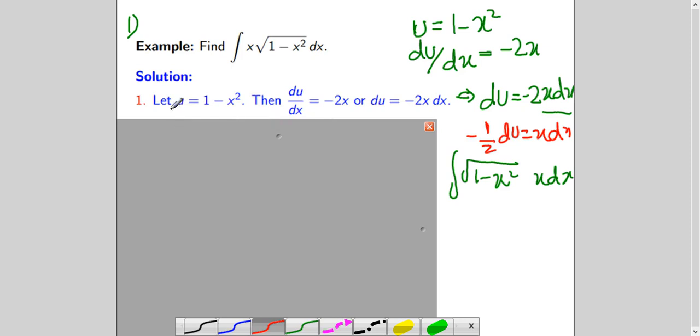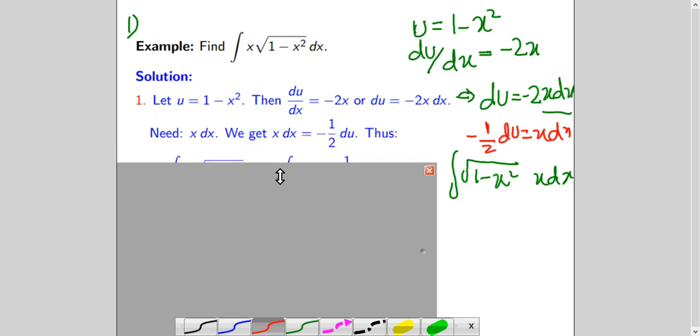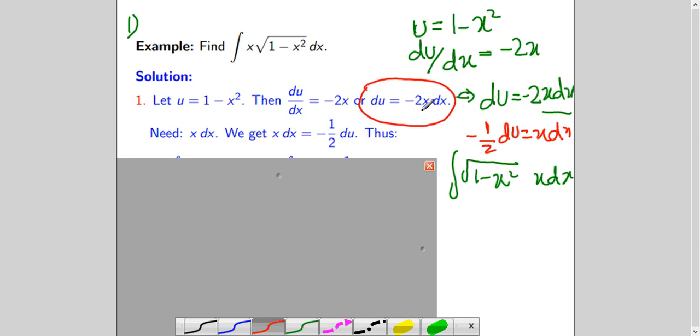So number one thing, let u is equal to 1 minus x square, and then you differentiate u with respect to x, you get minus 2x, and then du is equal to minus 2x dx, exactly what I told you here, right? And then because we want to replace dx, and we have seen after manipulating this, if we leave x dx here, and minus 1 upon 2 here, you will get this term.